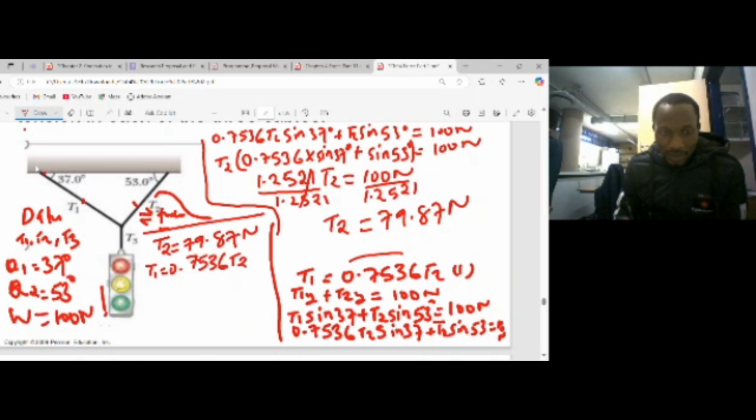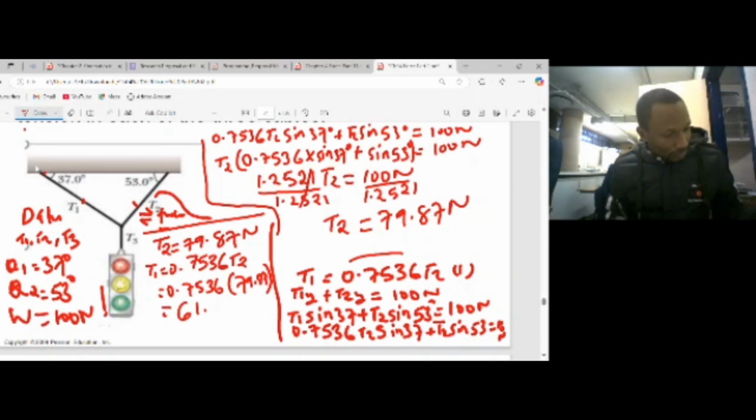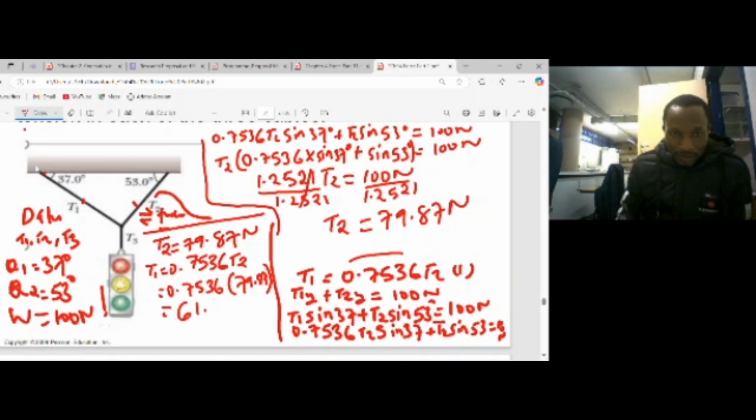So we can say that our T1 then is equal to 0.7536 times T2, which is 79.87 Newton, and that gives us a value of 61 Newton if you round off.